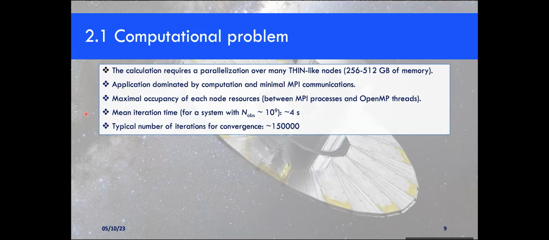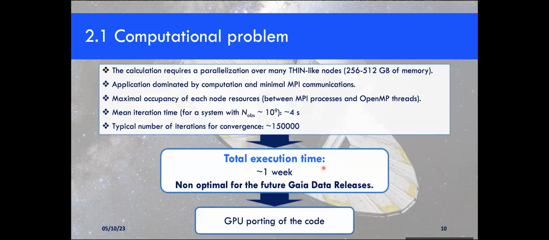In a typical run, of a system with about 10^9 observations, which are 2 orders of magnitude smaller than the number of observations at the end of the mission, the per-iteration time is about 4 seconds. Given that the typical number of iterations for convergence is about 150,000, we have an execution time of 1 week, which is not optimal for the future Gaia data releases.